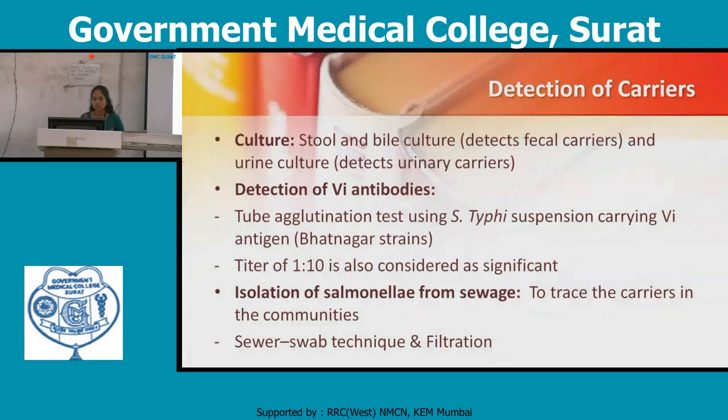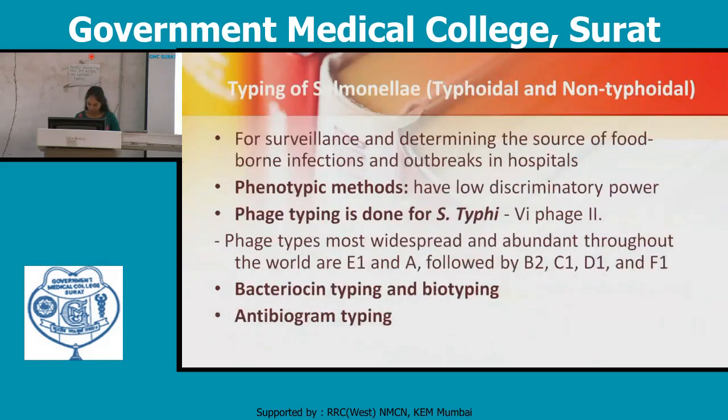Isolation of Salmonella from sewage to trace the carriers in the community, using the Moore swab technique and filtration. Typing: typhoidal and non-typhoidal typing of Salmonella for surveillance and determining the source of foodborne infections and outbreaks in hospital.